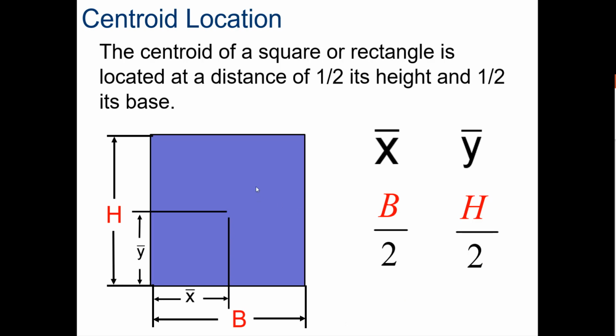Okay. So how do we calculate? Basically what we're looking for is the location of the centroid x and y coordinates. So that's what we're finding here, x and y coordinates. Let me give you a little bit of notes here.